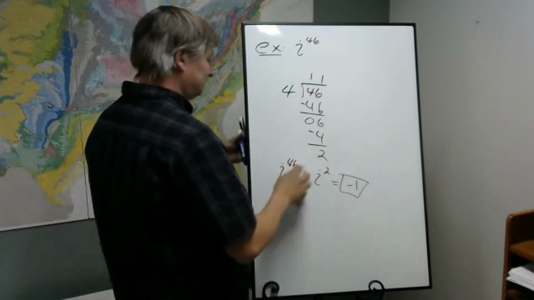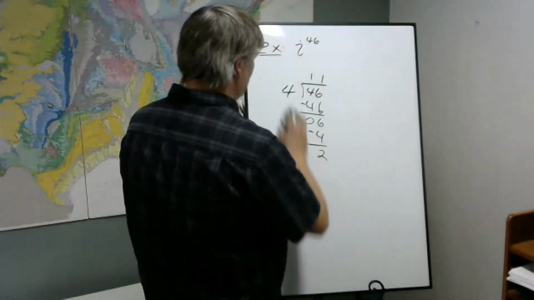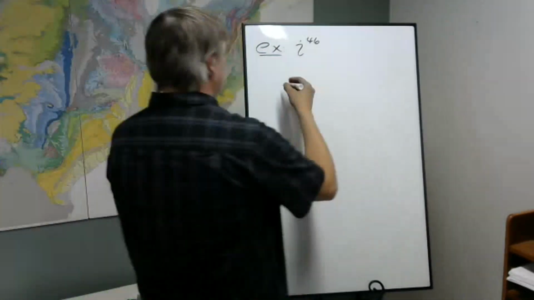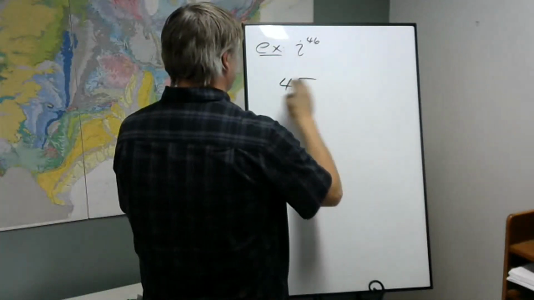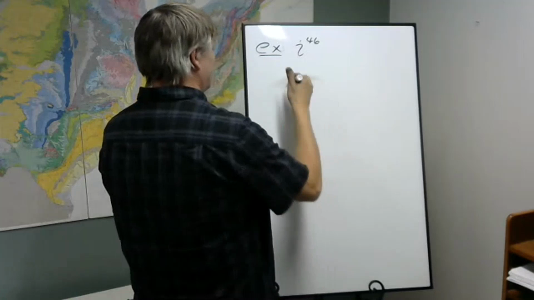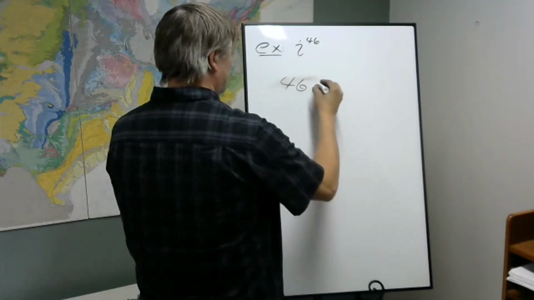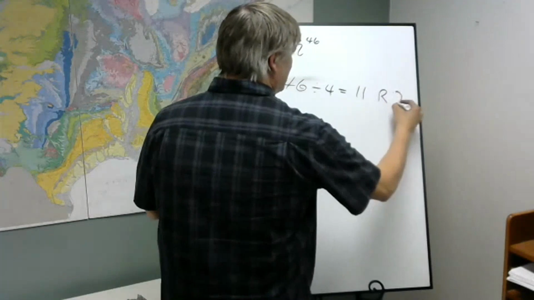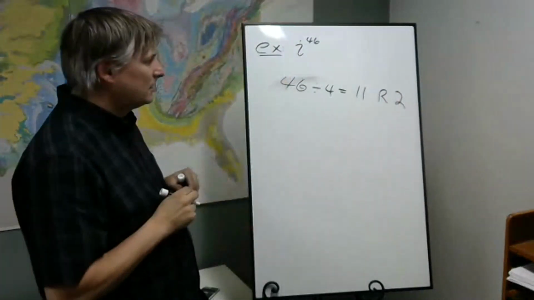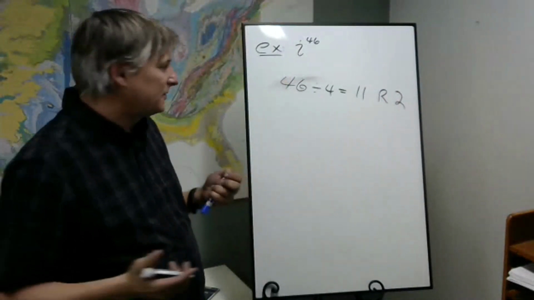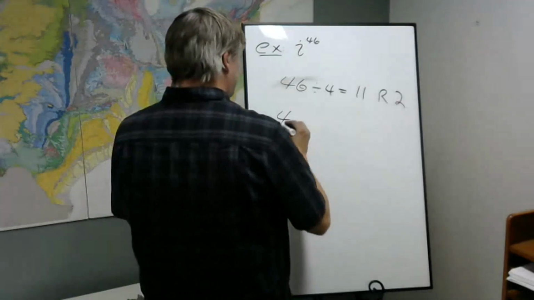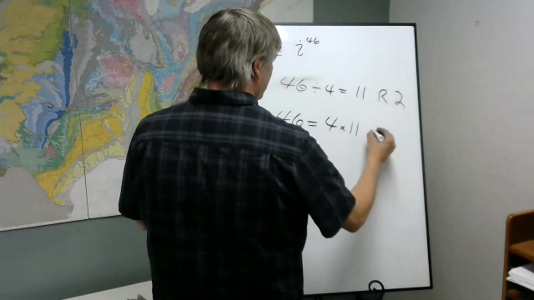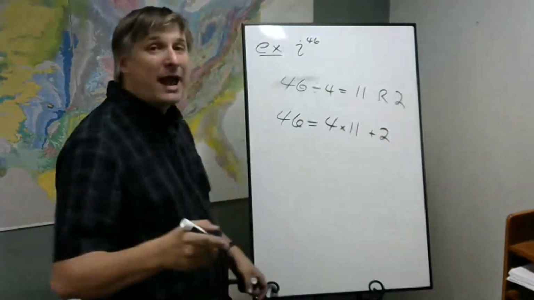And that's it. So how is this working? Well, let me show you. So what happens if we divide 46 by 4? We get 11, remainder 2. So what this says is this. 46 is equal to 4 times 11 plus 2 extra.